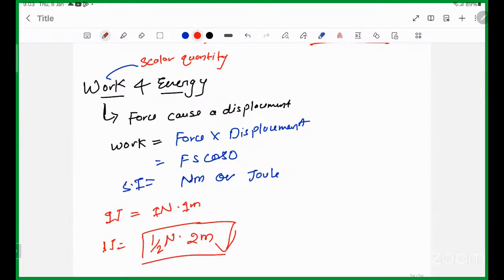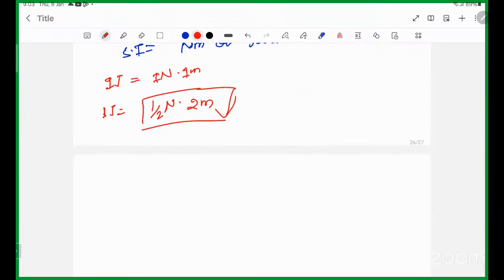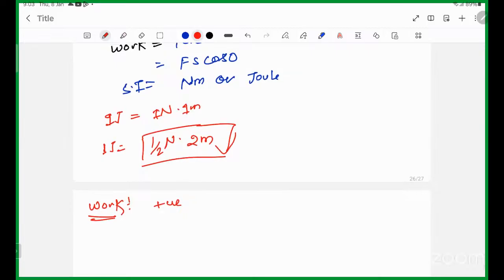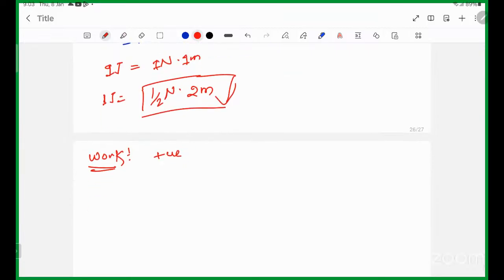Work is of three types. So what are the types of work? It can be positive, it can be negative, or zero.